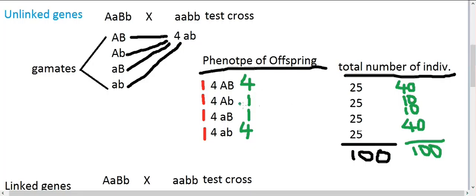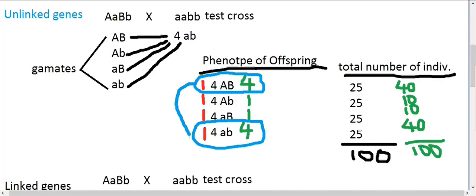But one of the things they did discover was that when you group these two phenotypes together, they always seemed to dominate in the number of offspring.